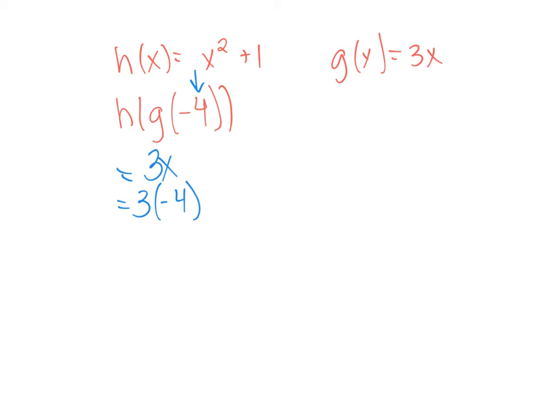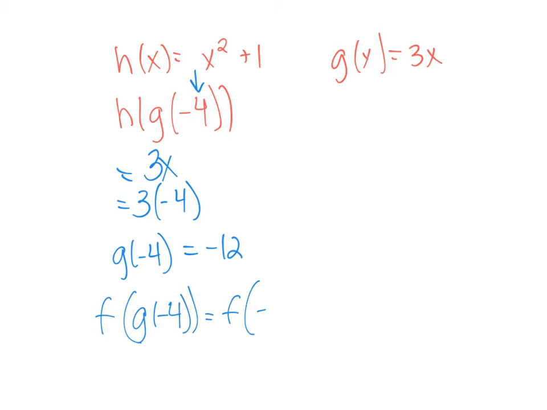Yeah. Good. So G of negative 4 is equal to negative 12. Okay, so G of negative 4 is now equal to negative 12. So this equals, okay, so bring this up here.